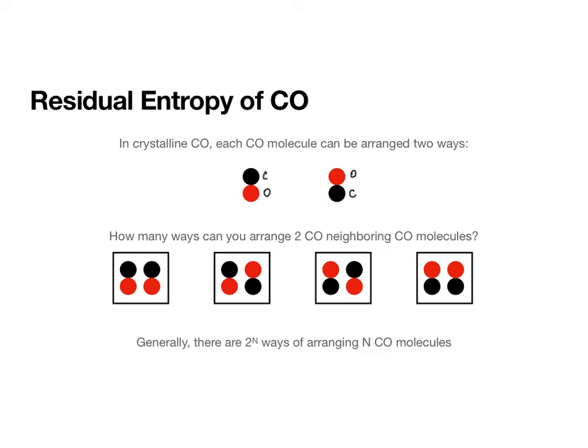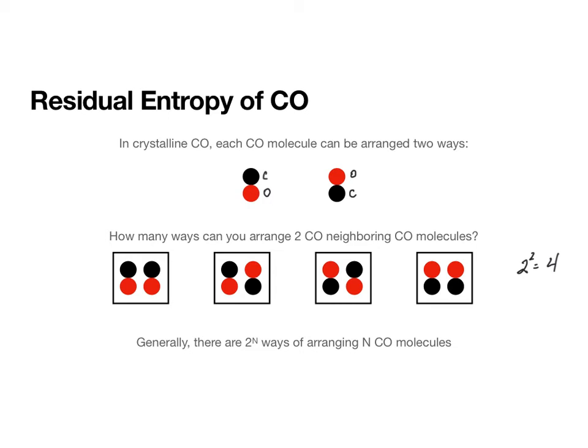And the answer is 4. So for 2 molecules, we found that there were 2 squared ways of arrangement.